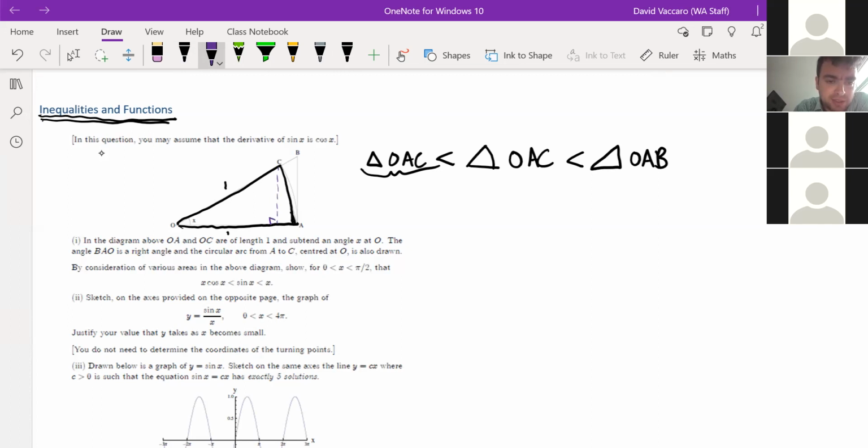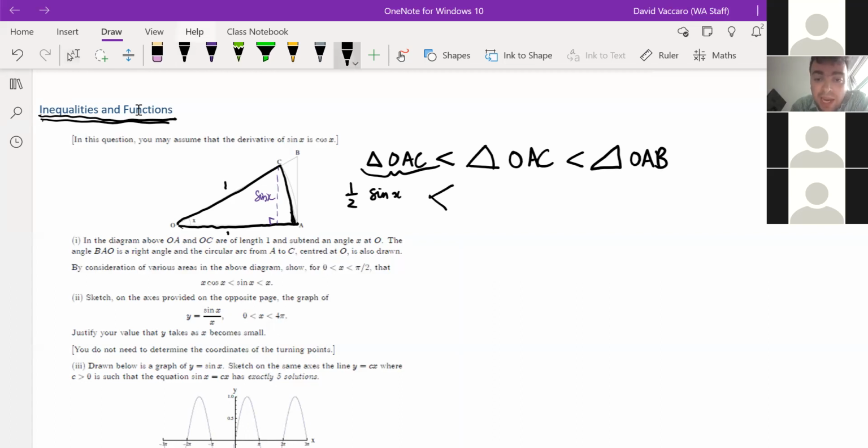This height is the opposite of this right-angled triangle, so opposite over hypotenuse is sine. So this height is sine x. So half base times height would be half times 1 times sine x. So it would just be half sine x. Alternatively, you could have just used the two sides and the enclosed angle. I'm just checking the chat that we've got sine x over 2 from lots of people.